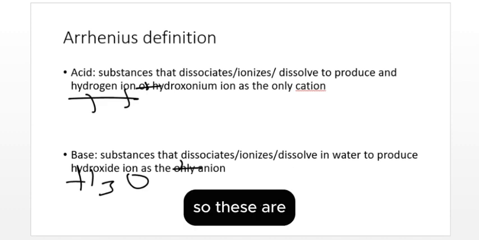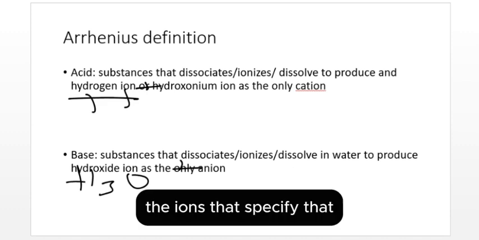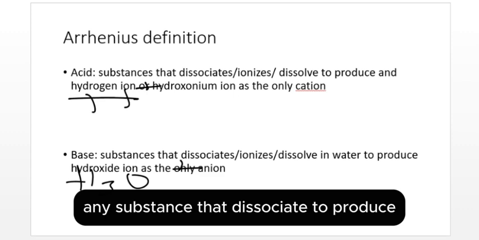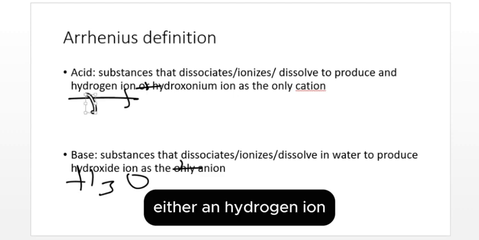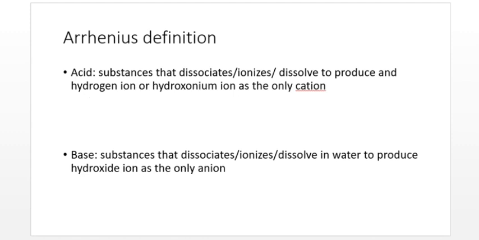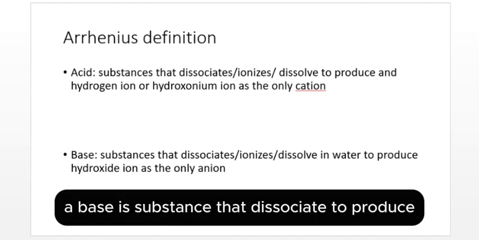These are the ions that specify that a substance is an acid. Any substance that dissociates to produce either a hydrogen ion or hydronium ion is said to be an Arrhenius acid. Are we together?